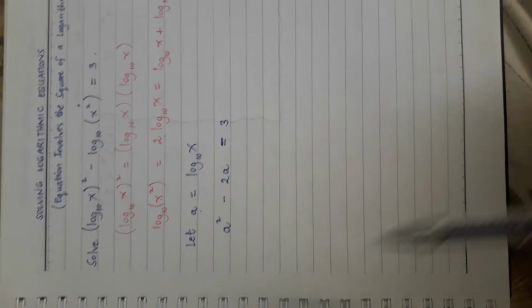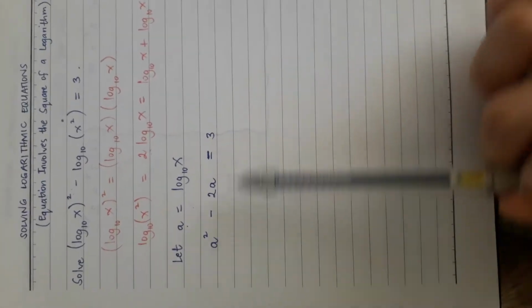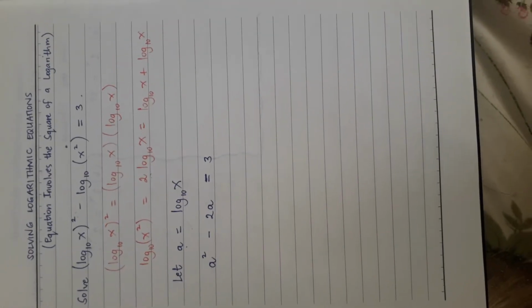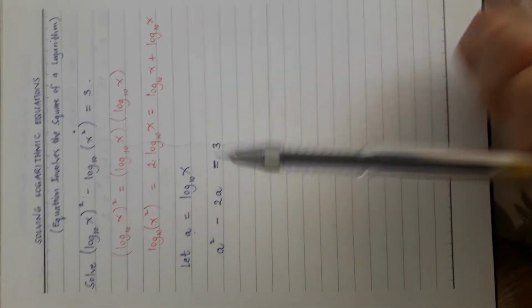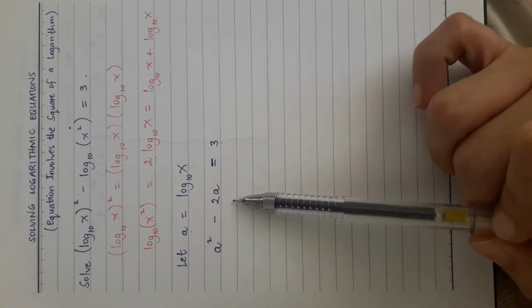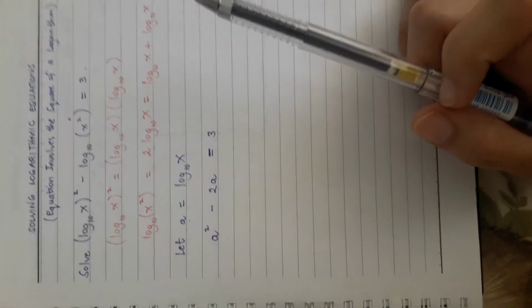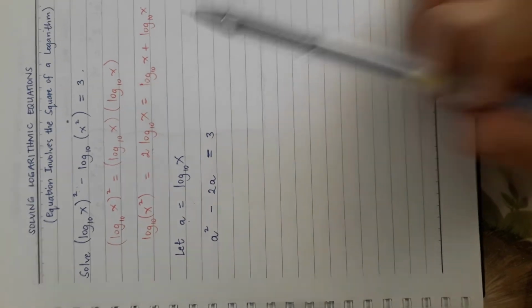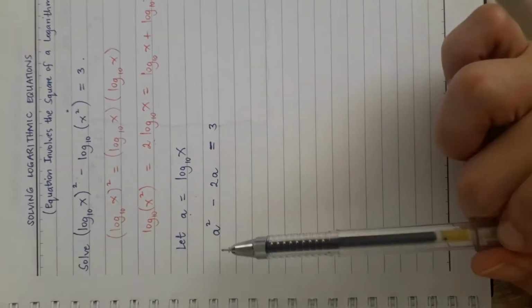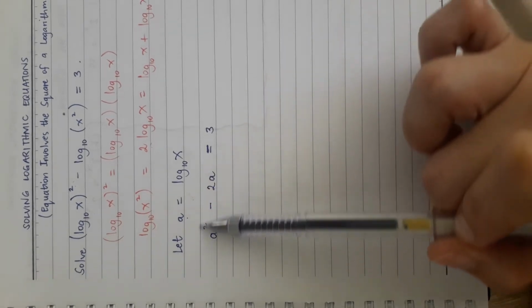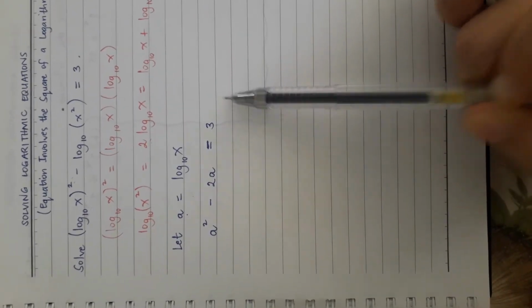And what can you say about the result? After substitution, we got a quadratic equation in terms of a, not in terms of x. Okay. Which means we solve this quadratic equation so we can get the value of a. So how do we solve?